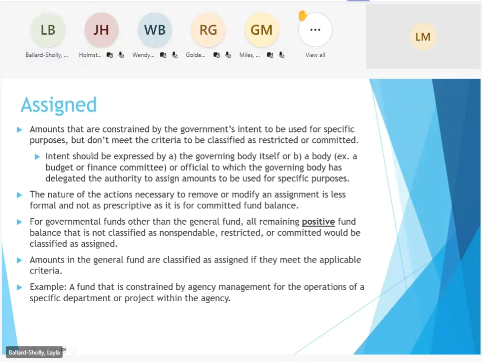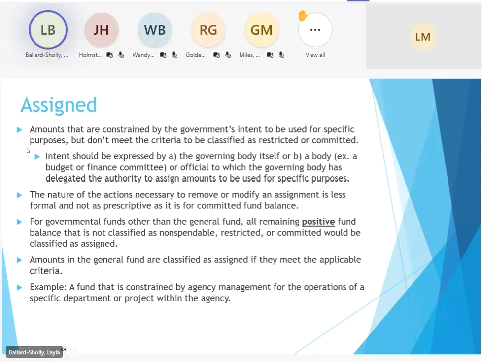So it should be the state government, legislature, or the governor, or the budget office would be an example of someone who's delegated authority. Some agencies have a commission or board. That could be an instance where they have delegated authority to assign purposes. And then the management at most agencies also has that authority.